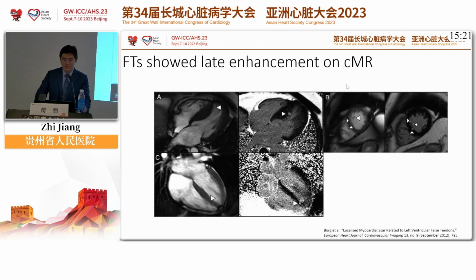And as the stretch may be chronic over cardiac cycles, like in the athlete's heart, the myocardium at the attachment, which suffers the great stress of the stretch, will produce myocardial scars.